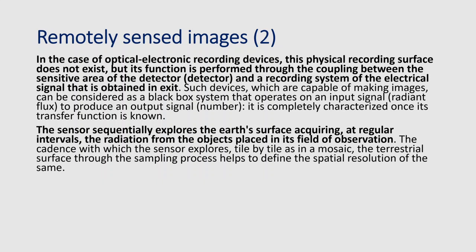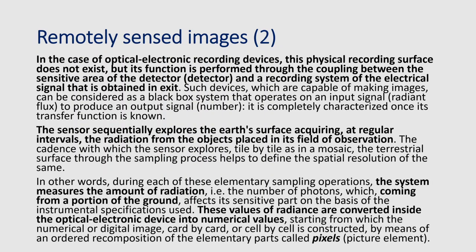The sensor, as we all know, sequentially explores the Earth's surface, acquiring at regular intervals the radiation from the objects placed in its field of observation, the field of view. The cadence with which the sensor explores tile by tile, as a mosaic, the terrestrial surface through the sampling process helps to define the spatial resolution of the same.